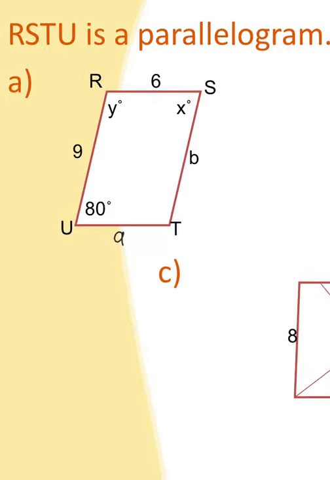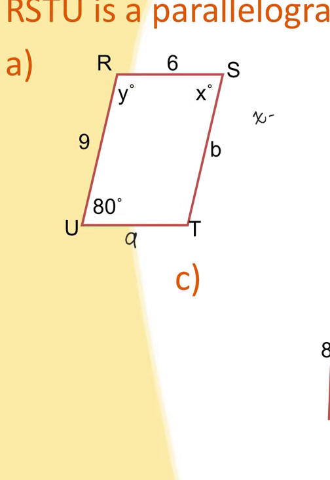What's x going to be? 80. It's going to be 80 degrees. Why? Because it's a parallelogram, and the opposite angle is 80. Okay? What do we know about y? It's opposite T. What do we know about angles that are next to each other in a parallelogram?